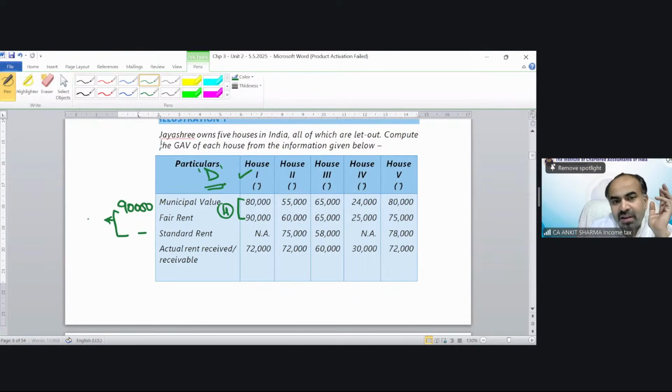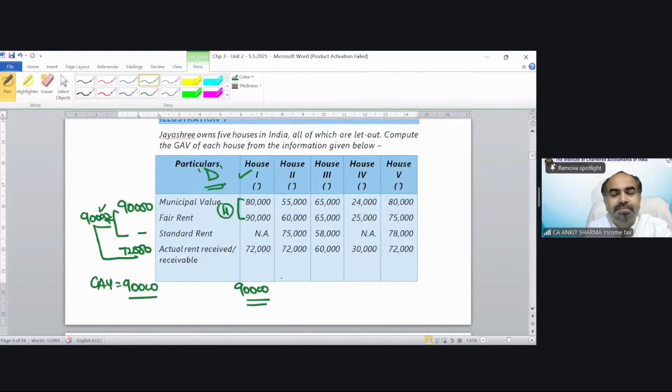So 90,000 would be the lower value, because generally we take the lower of standard rent, but if standard rent is not given, this value will automatically be considered. Now 90,000 and the actual rent received is 72,000. So what is going to be your GAV? The higher value. The first case GAV would be 90,000.